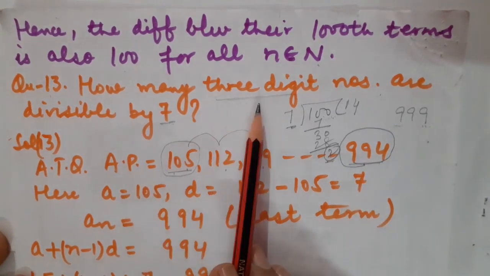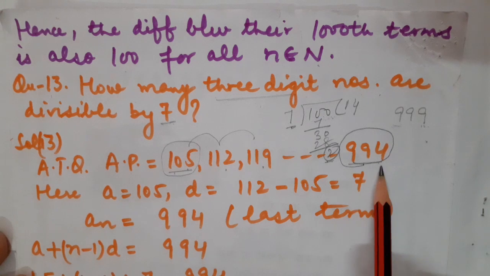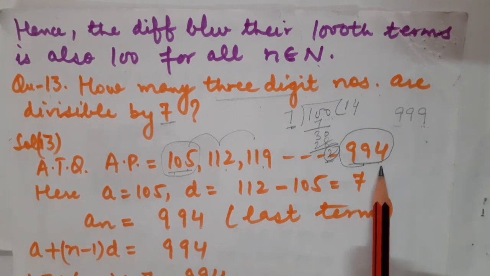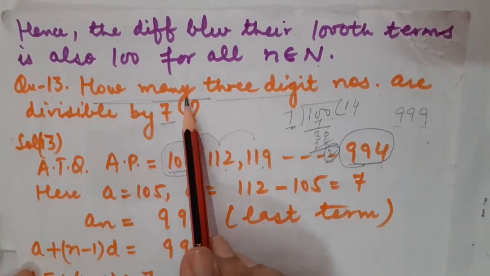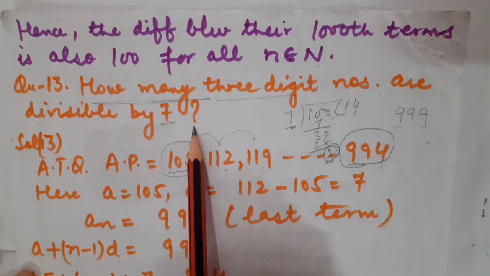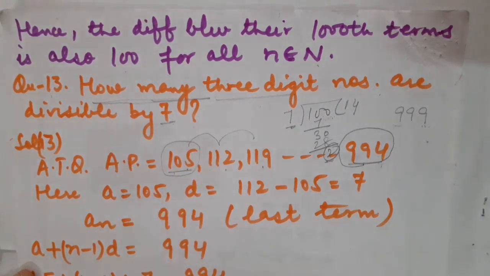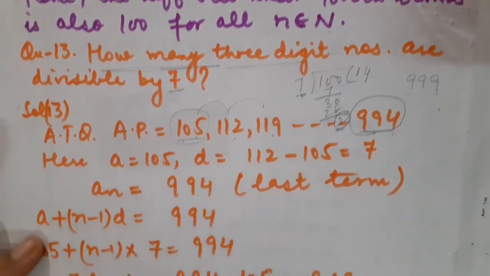So now on the basis of the given situation I have formed the AP. But what do I have to calculate? I have to calculate n, because it is asked how many 3-digit numbers are divisible by 7. How many means you have to calculate the number of terms.